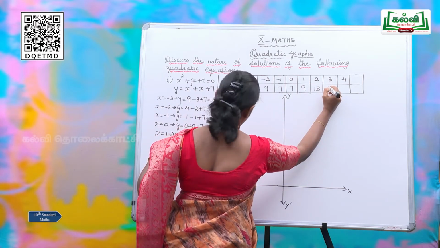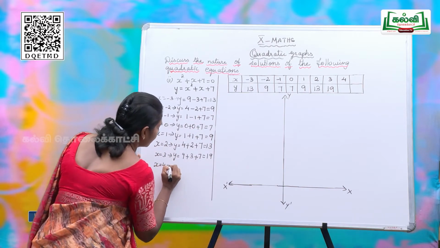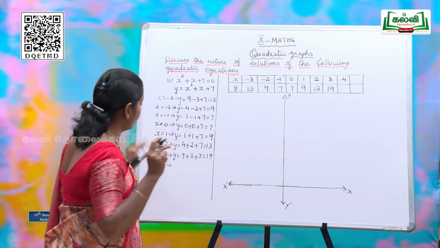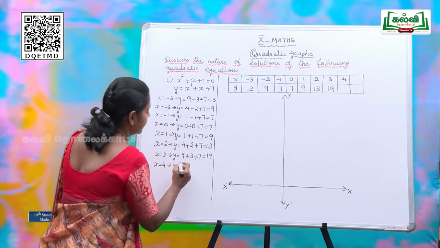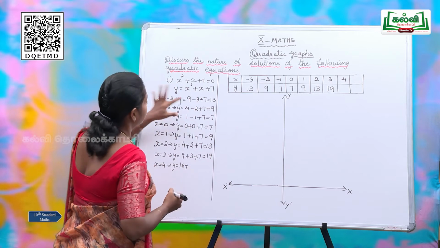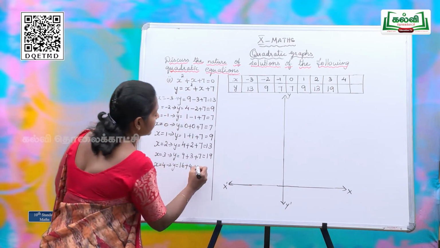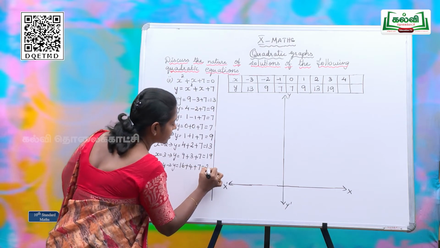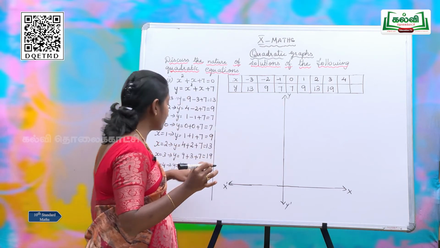When x equal to 3, y is equal to 19. The last value is 4. So when you apply 4, the y value is 4 squared, that means 16 plus 4. So that is 20, and add 7 with this, what will you get? 27. Now half of the question is over and you have to post it.